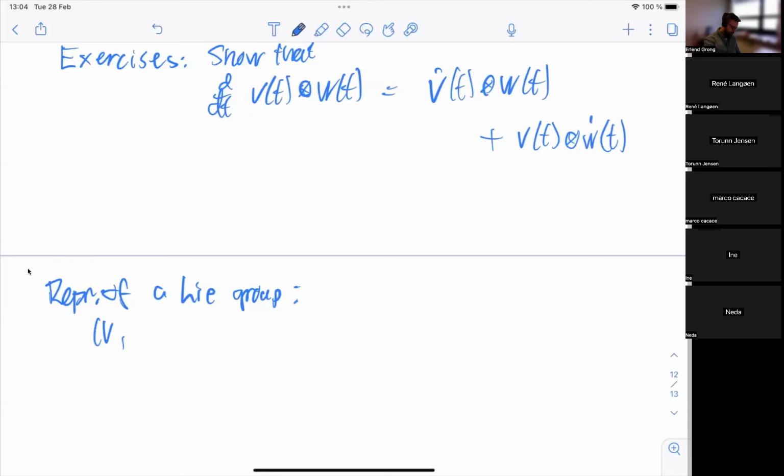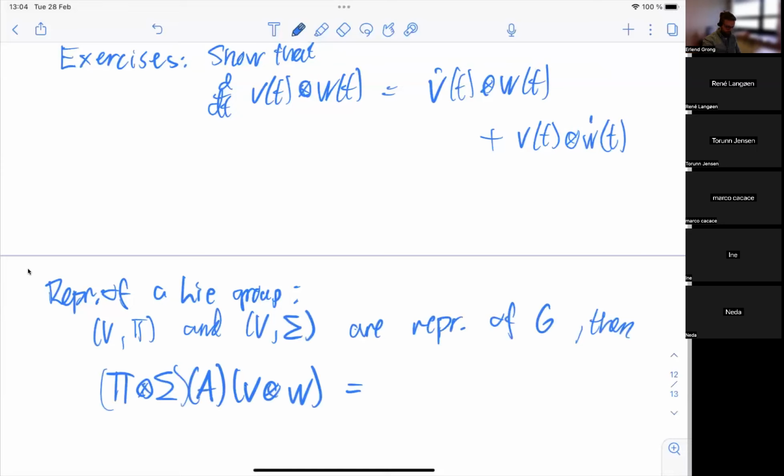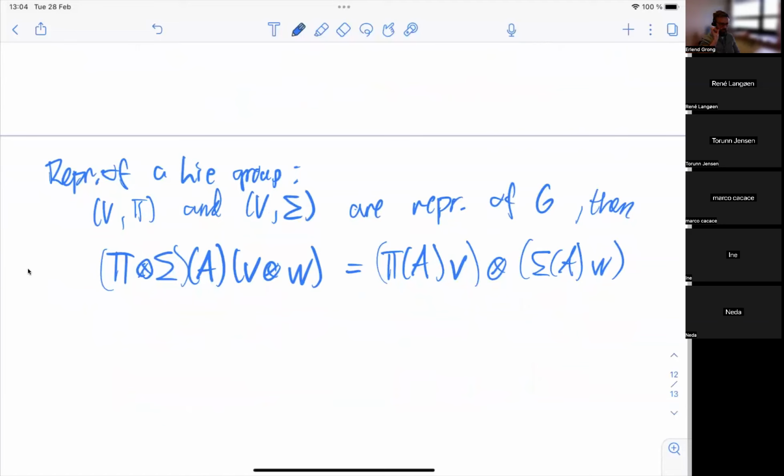If V with pi and W with sigma are representations of G, then we define pi tensor sigma of an element A applied to V tensor W as just the result of applying pi of A to V and then tensoring that with sigma of A applied to W. So this is more or less what you would expect.